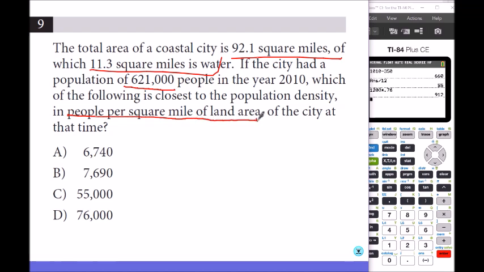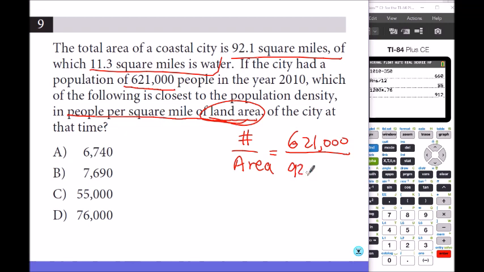So it is the number of people divided by area. Land area means not including the water. So there were 621,000 people total, and the total area was 92.1, but the water area was 11.3, so you have to subtract that.